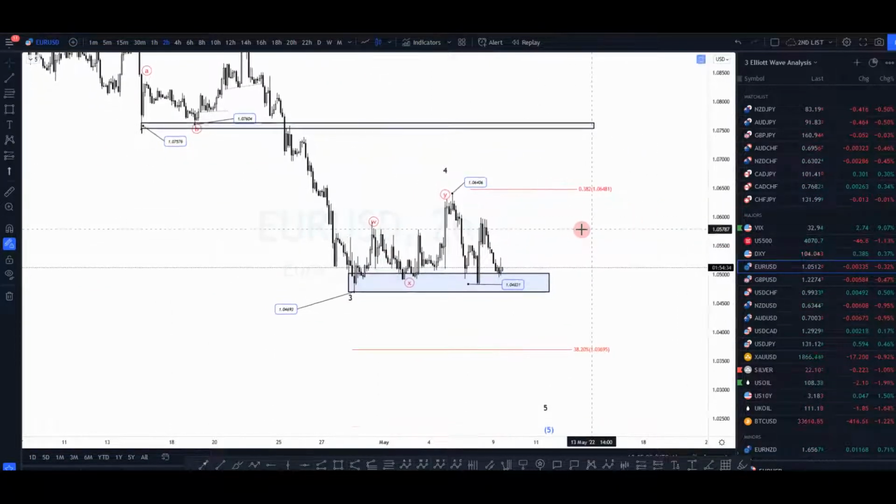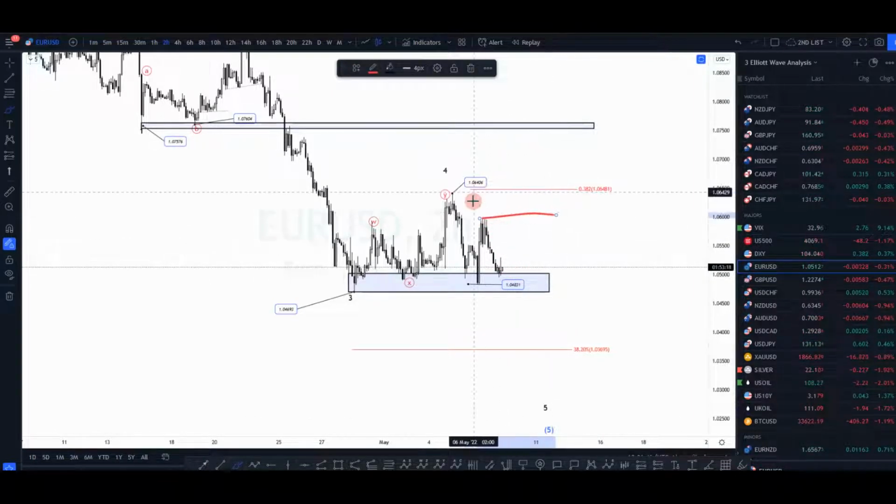Let's look at this more strategically. The major scenarios that we might have today. The first one is we might see the price come back to retest this zone here.